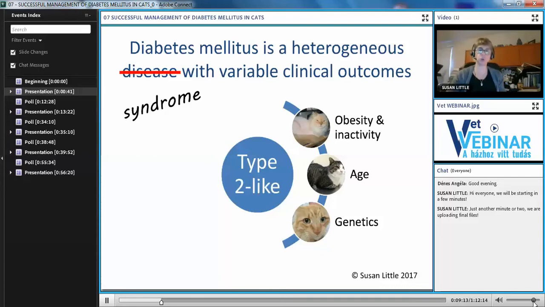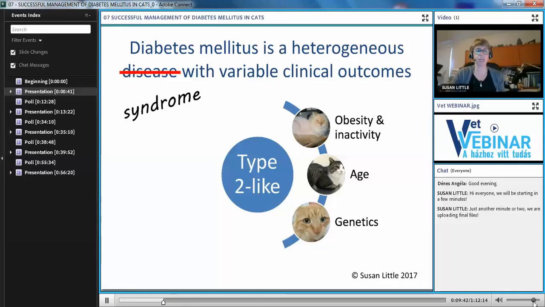And as in people, the main factors are just advancing age, so it's more common as cats get older, obesity and inactivity, and we've already talked about some of the ways that obesity plays a role there. In people, genetics may play a role, and it's probable that it does in cats too. We just don't fully understand the role of a genetic predisposition to this disease, but it's likely that at least for some cats a genetic predisposition is at play as well.